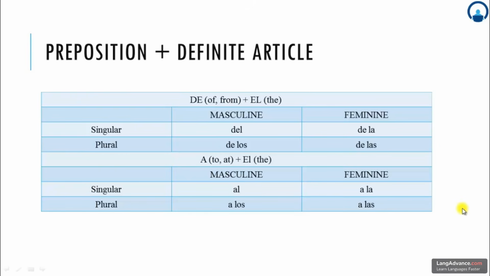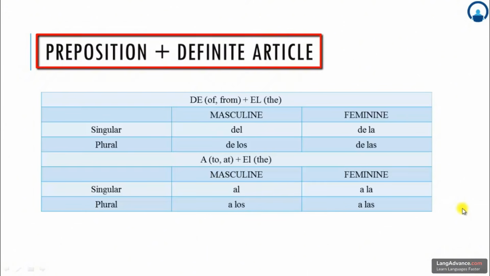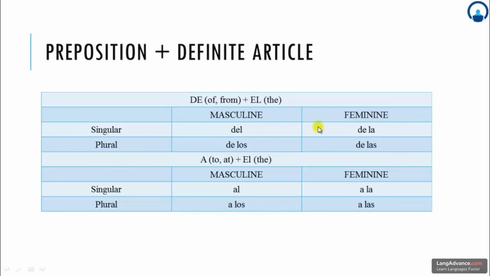Here we have got some rules for using the prepositions with a combination of definite article. So for example, de is a preposition that means of or from, and I've got the definite article el. So what happens when these two are seen together?